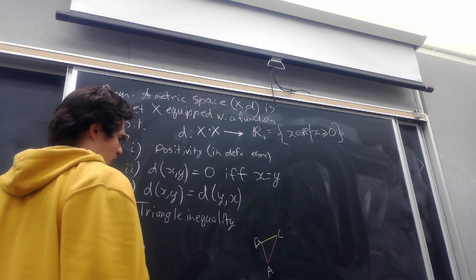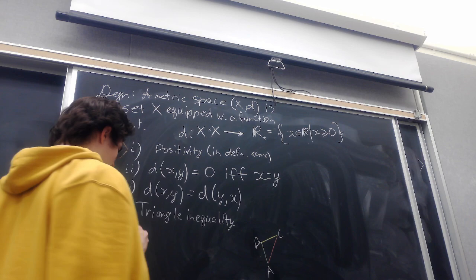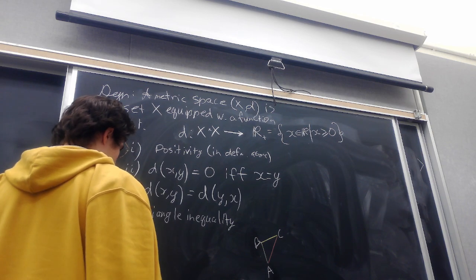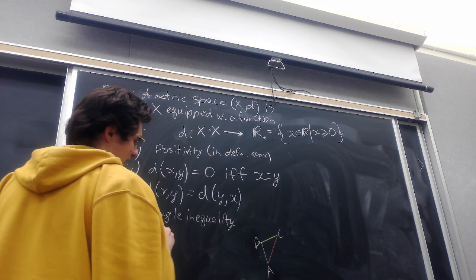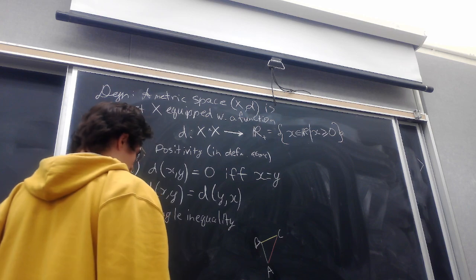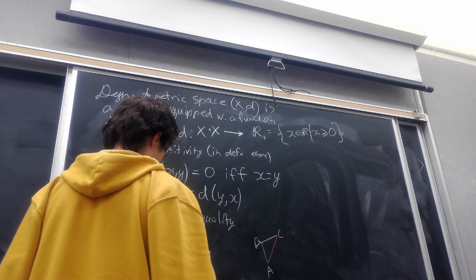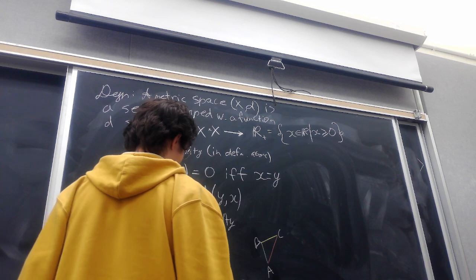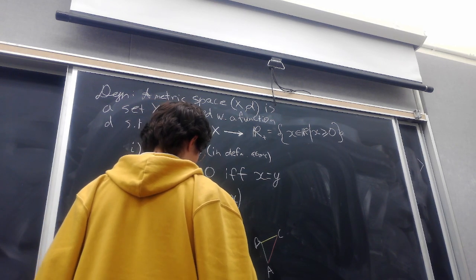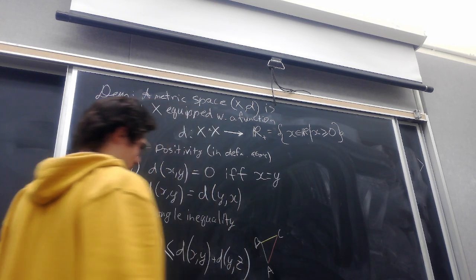So then I can write it like this. And usually people actually use X, Y, Z, so we'll do that. The distance from X to Z, so from A to C directly, should always be less than or equal to the distance from X to Y plus the distance from Y to Z. Okay?